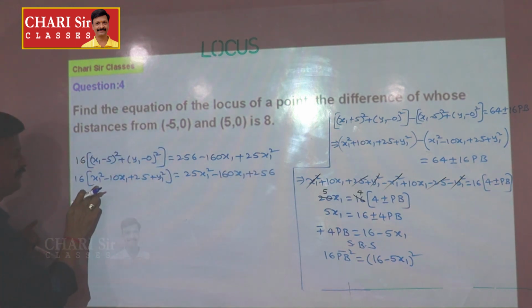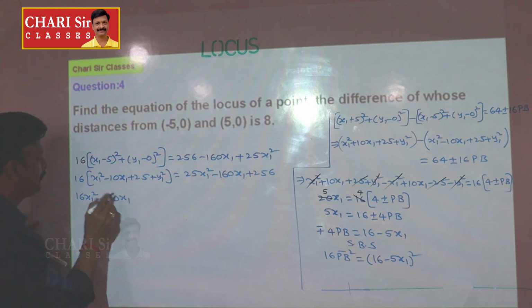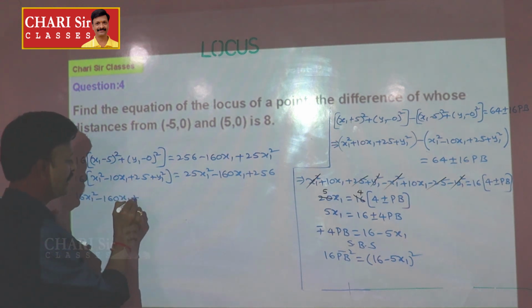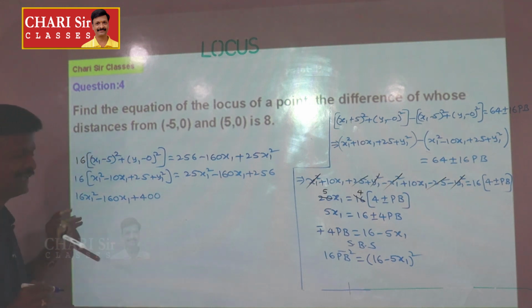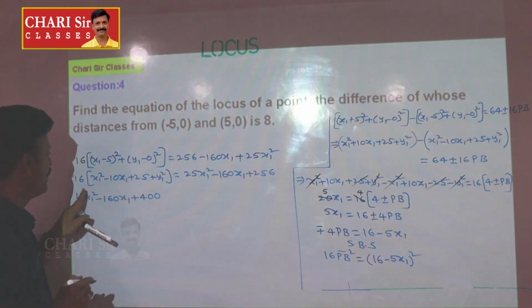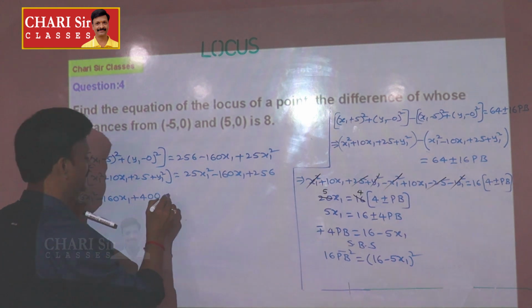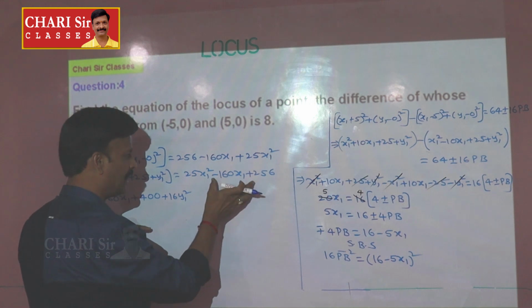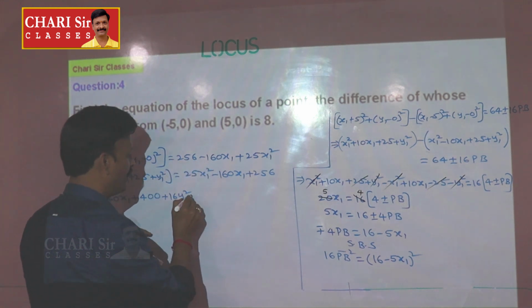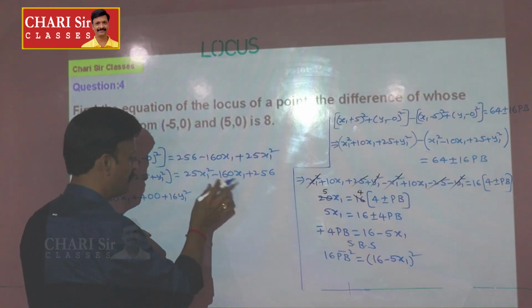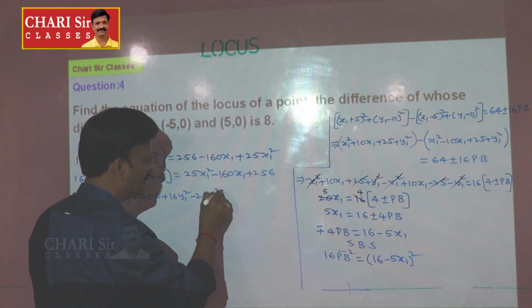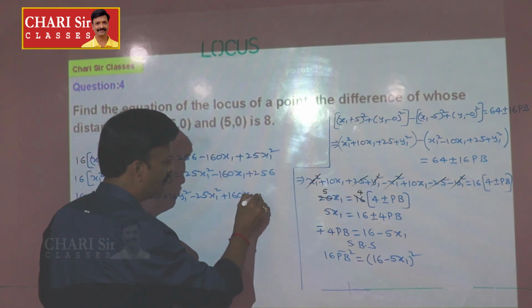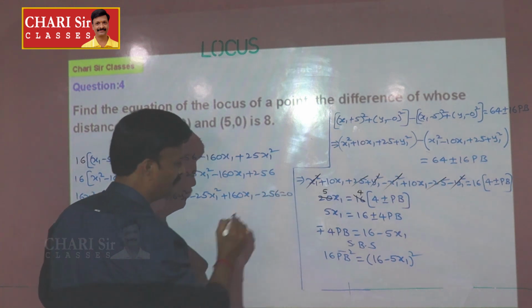Okay, so we need to multiply all these terms with 16. 16 into x1 square, that is 16x1 square, 16 into 10, minus 160x1, and 16 into 25, that is 400, 25 multiplication, already I have given the technique. 400 plus 16y1 square. So all the other terms we can bring inside, that is minus 25x1 square plus 160x1 minus 256 equal to 0.